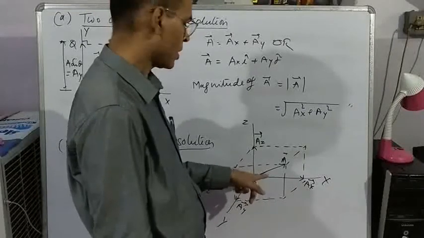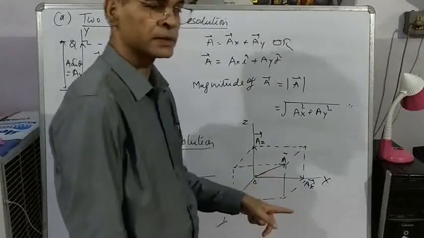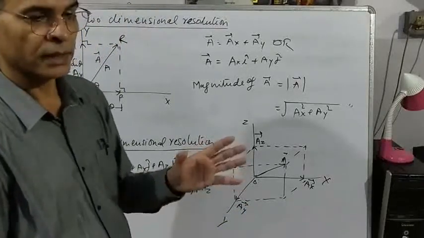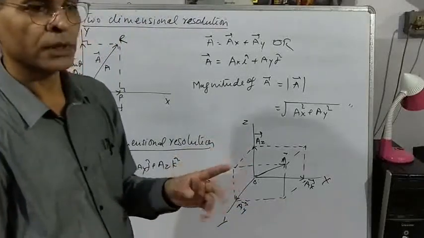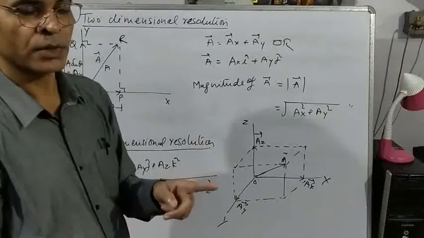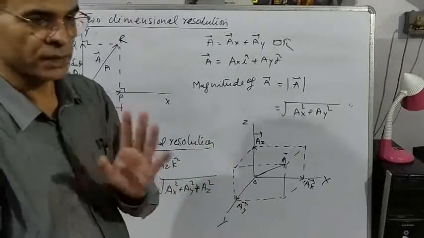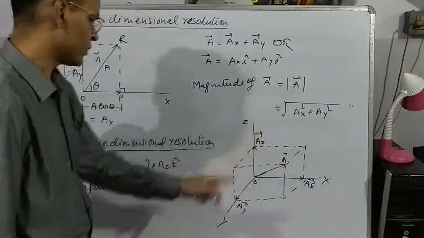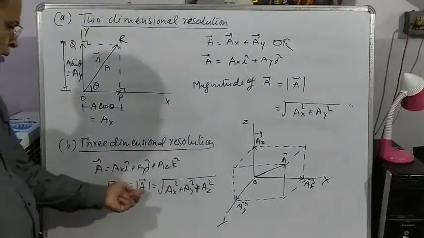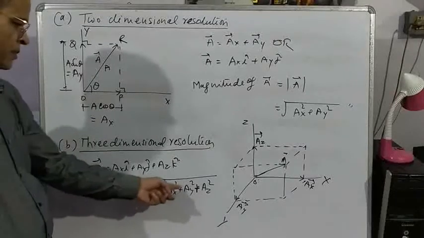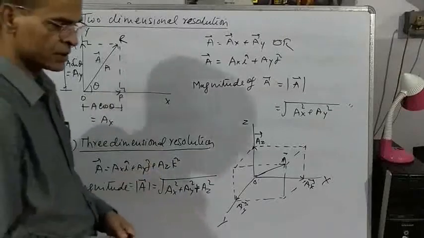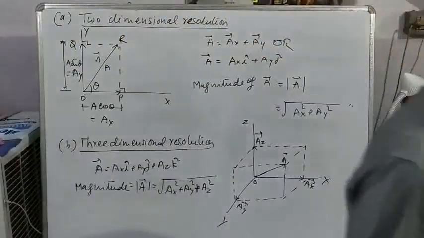You have already studied in maths that if length, breadth and height are known, then the diagonal is equal to under root L square plus B square plus H square. So using that formula you can write the magnitude of vector A is equal to under root AX square plus AY square plus AZ square. I suppose students could understand.